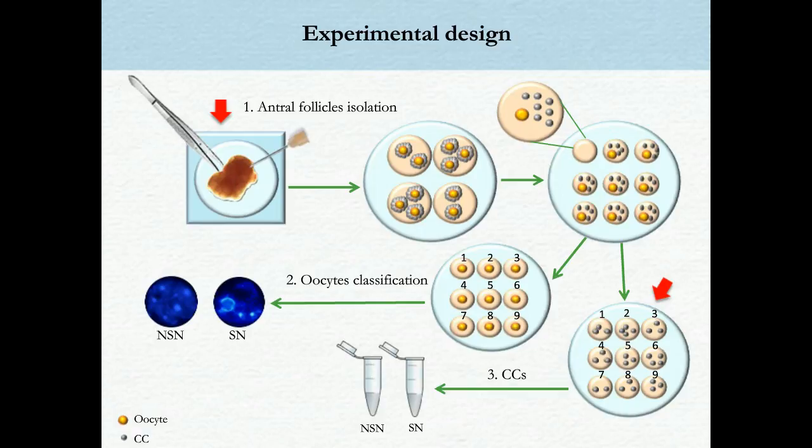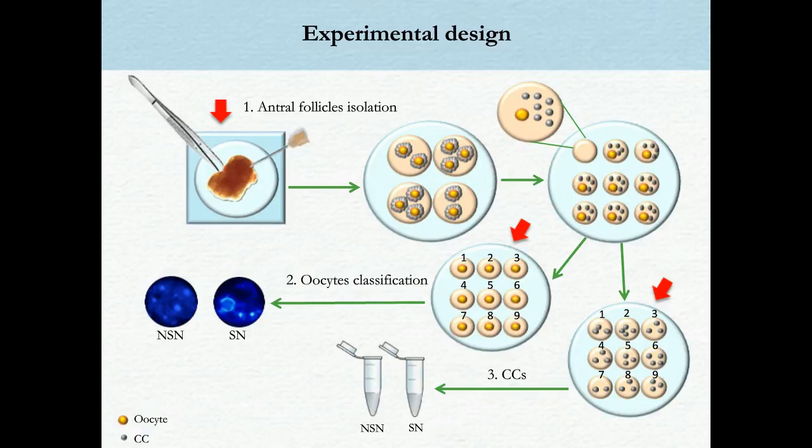Next, the oocytes are stained with Hoechst and classified based on their chromatin organization into SN or NSN. The cumulus cells of about 40 SN oocytes or 40 NSN oocytes are then transferred separately into PCR tubes for retrotranscription and microarray analysis.